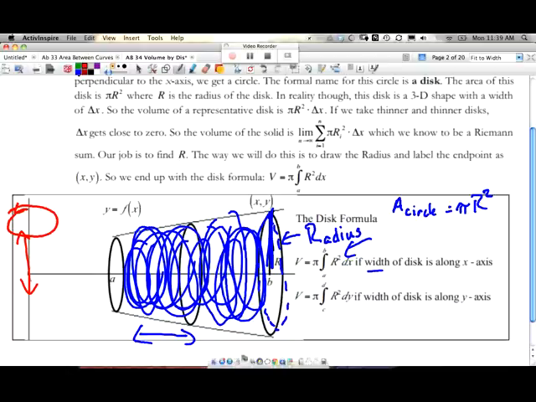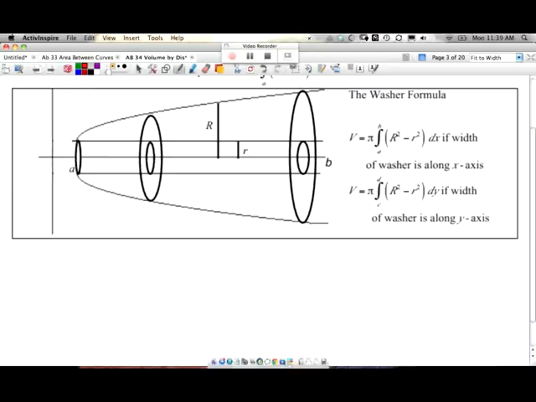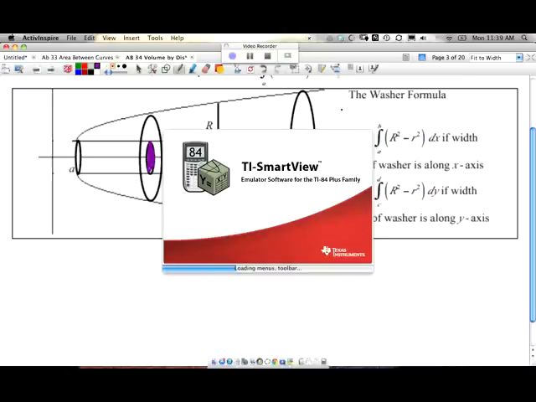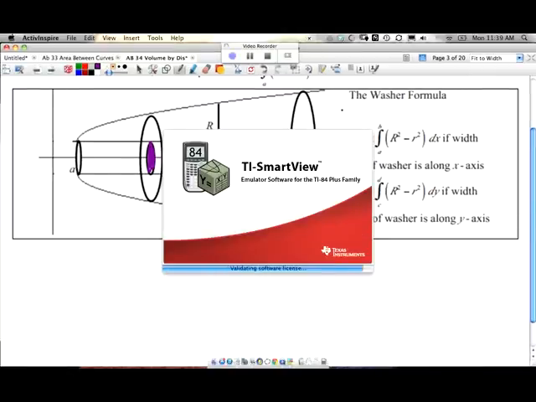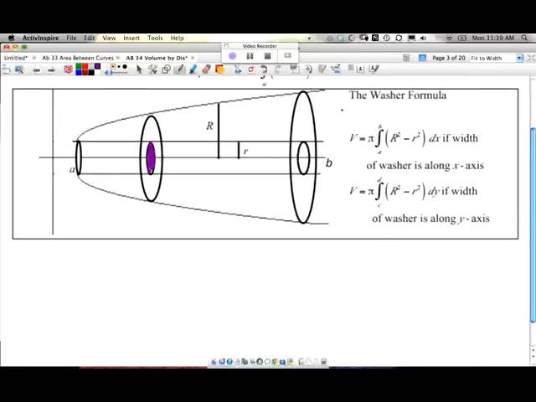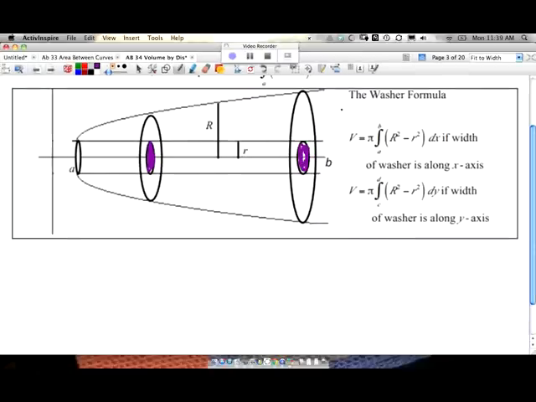Now, on the other side of this is the washer. Notice in here that we have some inside hole. Oh, there's our calculator popping up on the screen. Here, this purple piece. And the idea is that we're trying to find, let's say it's maroon, this kind of disk around the outside.